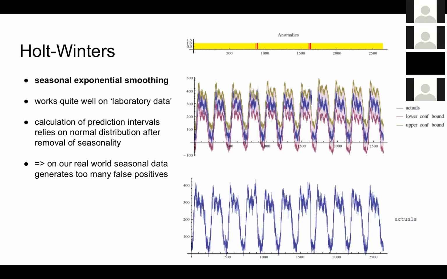It's very similar to the previous model I showed you, but it takes into account the time of the day, so it takes into account the seasonality that you saw before. After some testing, we saw in laboratory data, or generated data, this did what it's supposed to. But when we moved to our customers, we saw, again, too many false positives and missed anomalies.